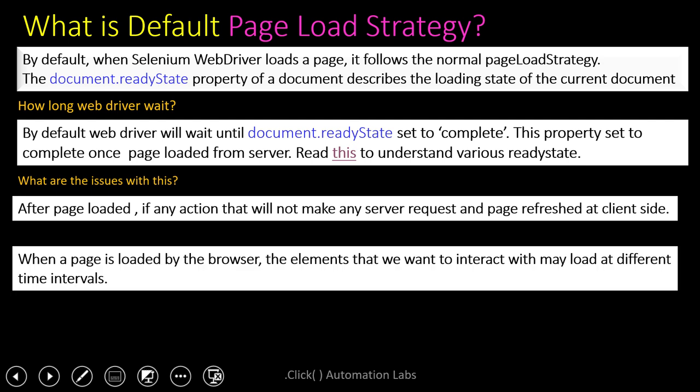And let's look at the next one. When a page is loaded by the browser, the elements that we want to interact with may load at different time intervals. Suppose I browse through any weather site, like AccuWeather.com, and assume that you have a country drop down and a state drop down. Once you select the country, the states drop down will be filtered. In such cases, the application may not be sending a request to the server.